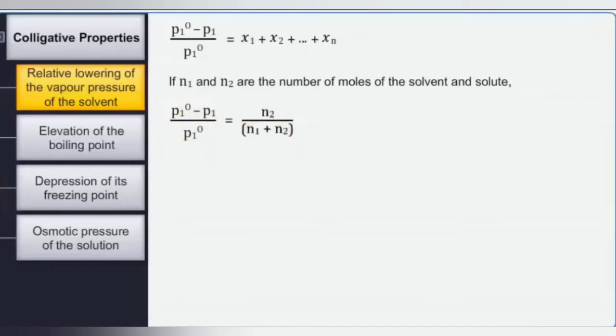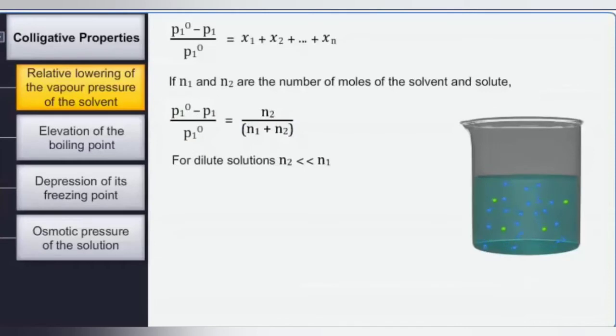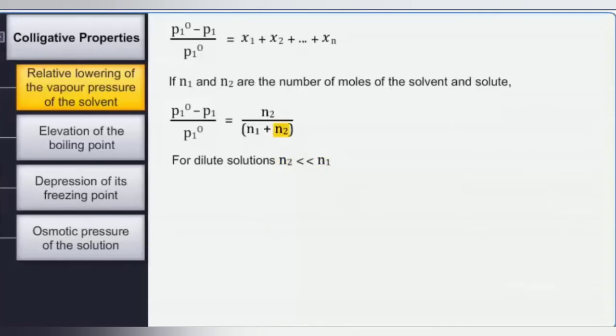If the solution is very dilute, then the number of moles of solute will be very less as compared to the number of moles of the solvent. Therefore, neglecting N2 in the denominator, we get (P1° − P1)/P1° = N2/N1.